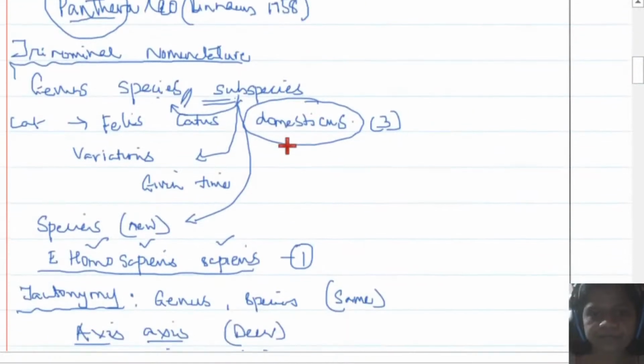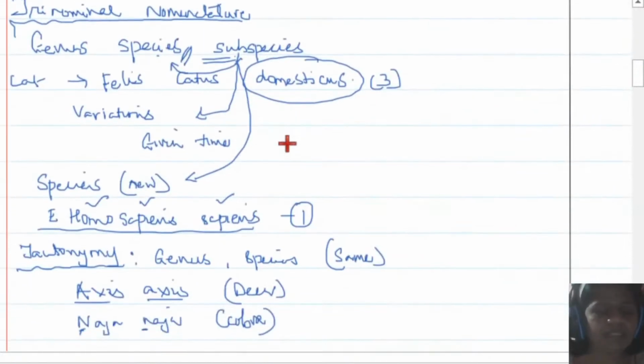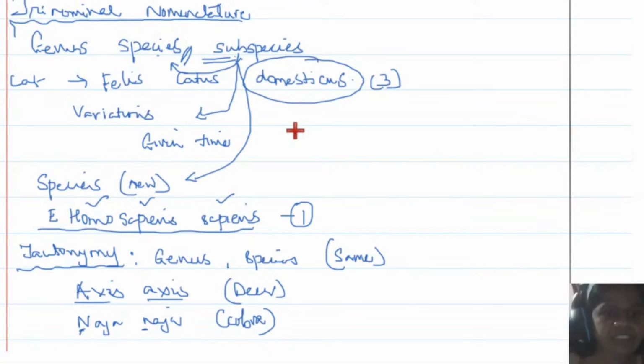And the extension of the binomial nomenclature is a trinomial nomenclature, because there are very few variations that we can actually see in the species. So we name them subspecies. In the previous class, we have seen Corvus splendens, which is a native of India and Pakistan, has a subspecies in Myanmar, which is called Corvus splendens insolens.